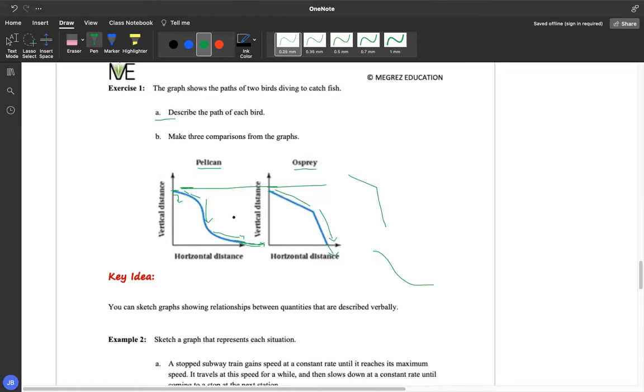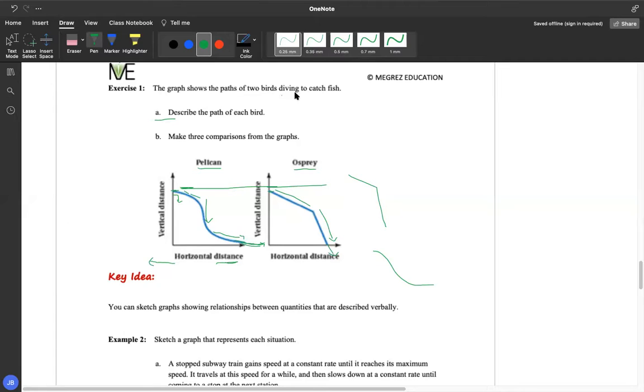Both graphs are starting from the left to the right. Yeah, that's just to make everything easier so we can see, because we don't want to go into a negative horizontal distance, because if we have negative distance, then it's just going to get all sorts of weird with our math. Oh, and this isn't related, but it is water because it says they're diving to catch fish.